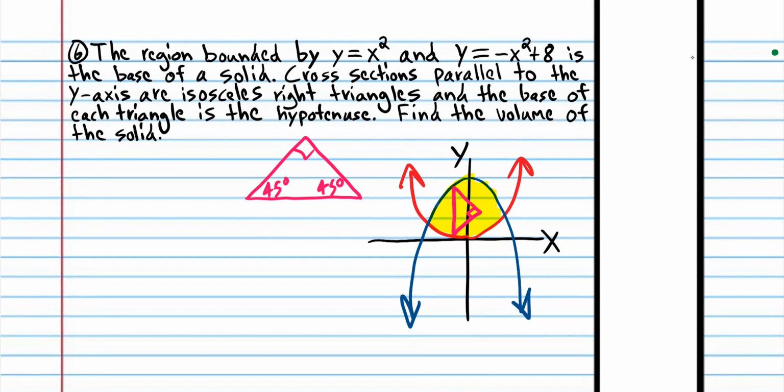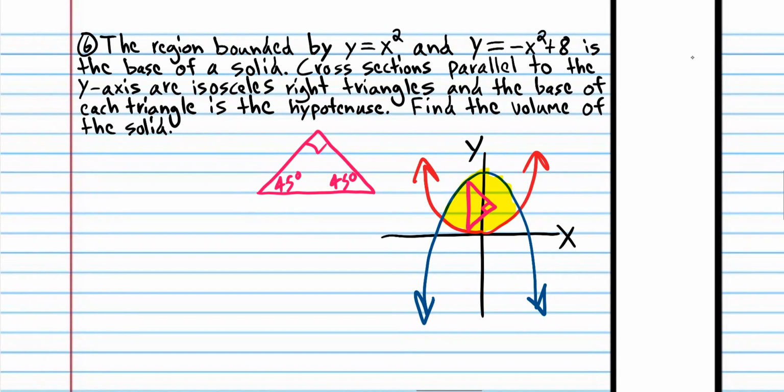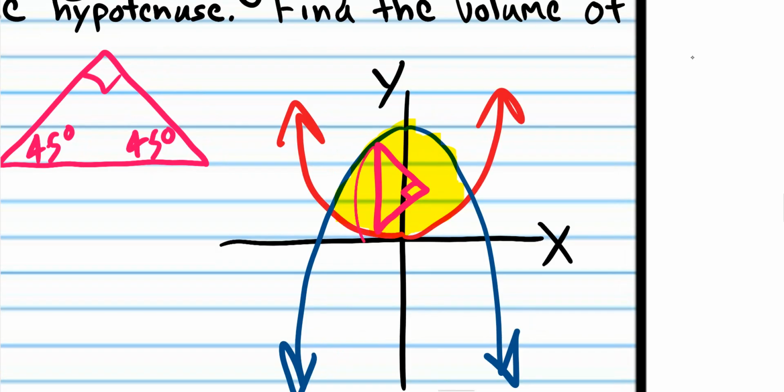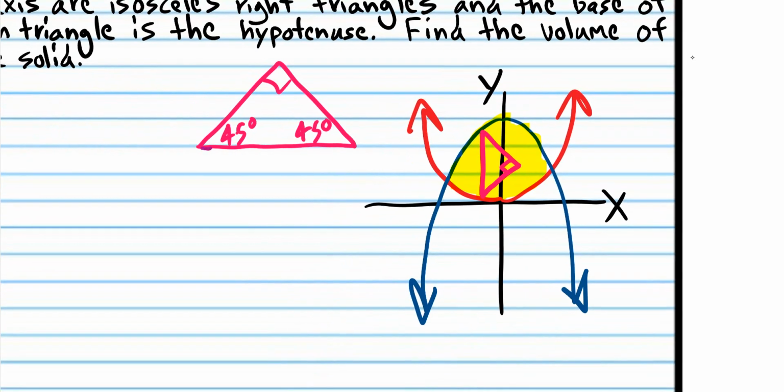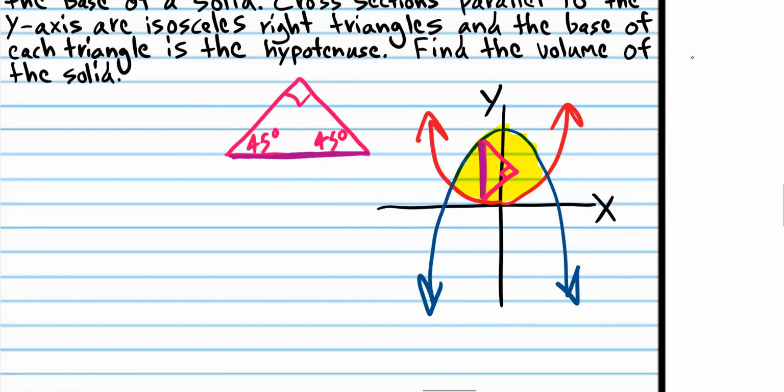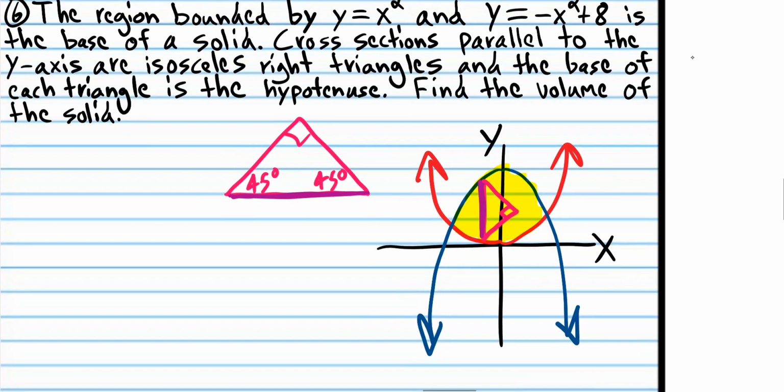Okay, so we need to know the areas of those triangles. First of all, we need to find this length here. And I'm going to color this a special color because I want to make sure that we're all on the same page here. So how do you find that purple length?